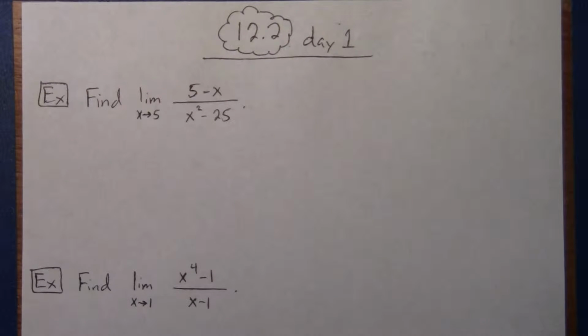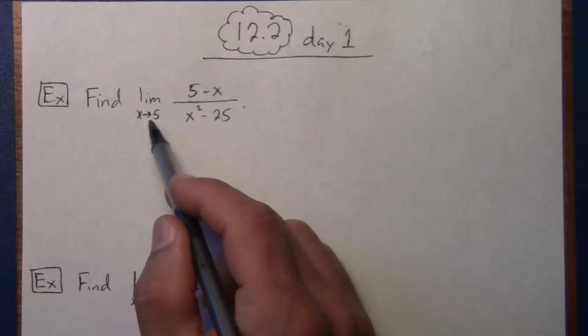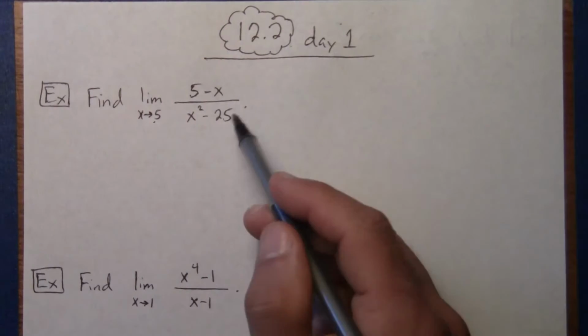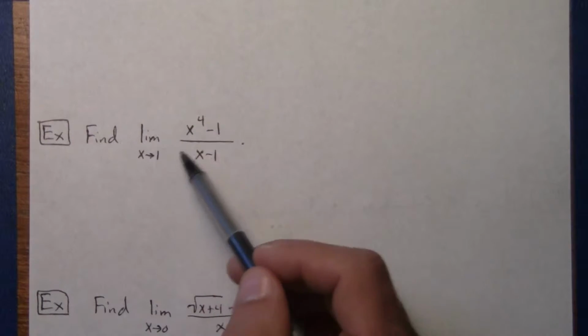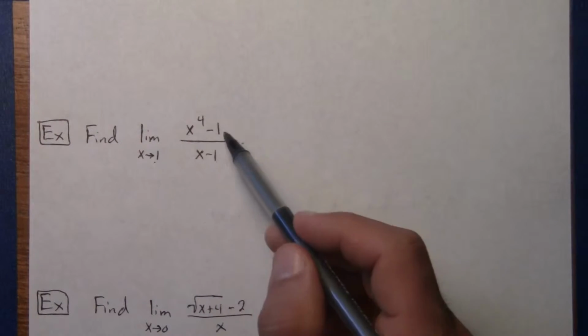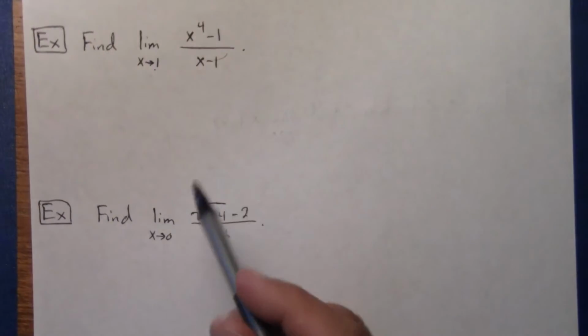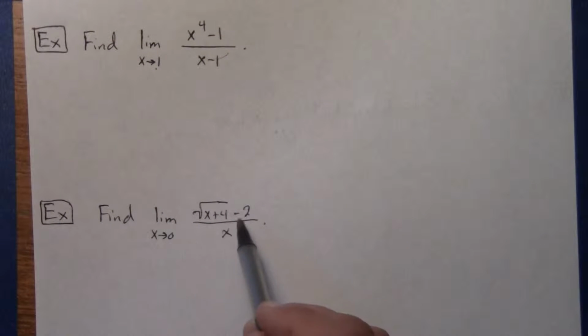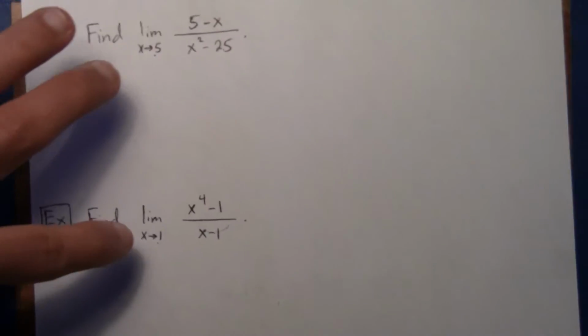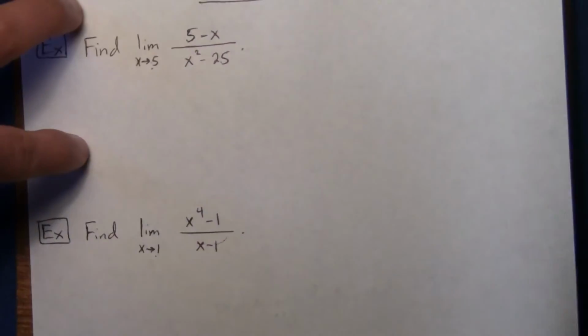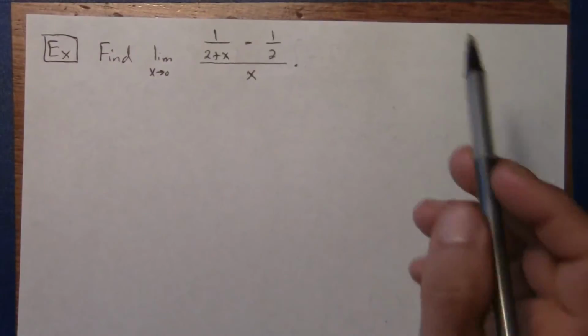Alright, so taking a look at 5 problems. The first one asking to find the limit as x approaches 5 of that particular rational function. Next one, similar, the limit as x approaches 1 of this particular function. Finding the limit as x approaches 0 of, you see the radical in it, that should be a big clue as to what to do to it. Just like I don't see a radical in it, so there's probably a big clue as to what I should do there.